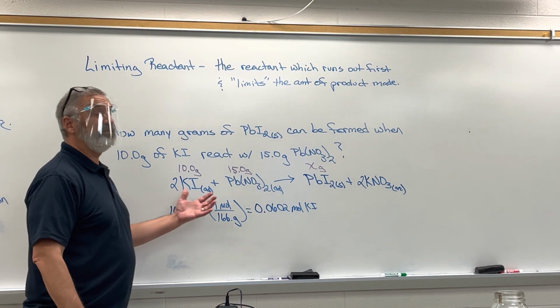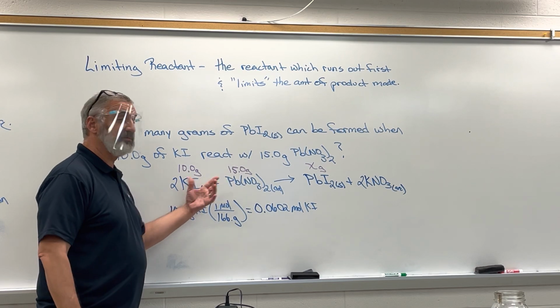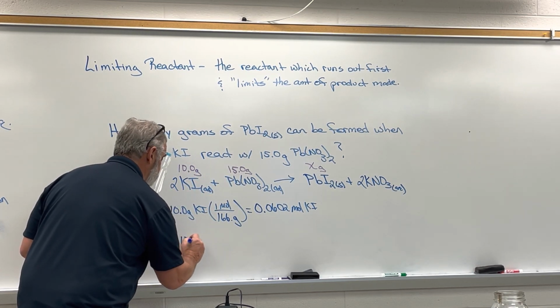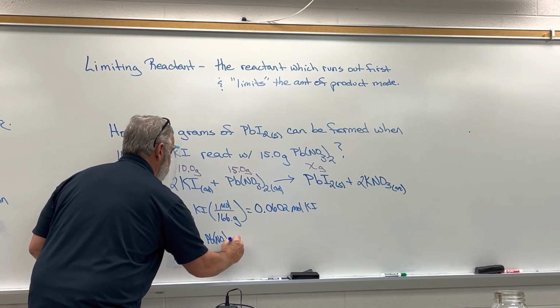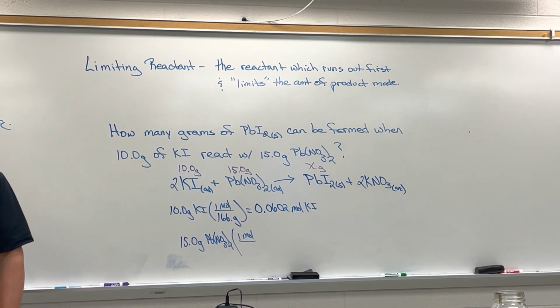I've got to see if I have twice as many moles of this, because I can't just say 10 grams, 15 grams, because they weigh different amounts. It's a mole ratio. So I've got to do the same thing. 15 grams Pb(NO3)2 times 1 mole over, somebody want to type in all these numbers? 207.2 plus 28.02 plus 96, which is 331.22.